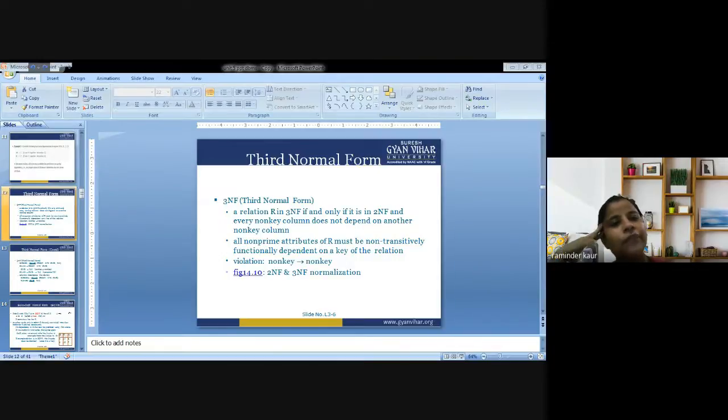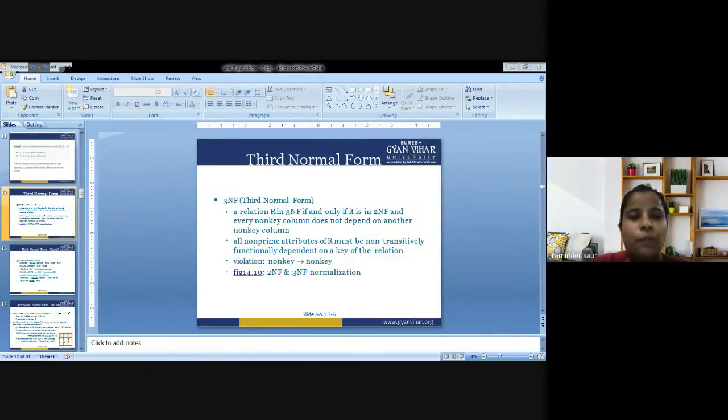The second main point is that a relation is in 3NF if at least one of the following conditions holds in every non-trivial functional dependency, that is X deriving Y. So what could be those conditions? X is a super key, or Y is a prime attribute. Y is a prime attribute means each element of Y is part of some candidate key.